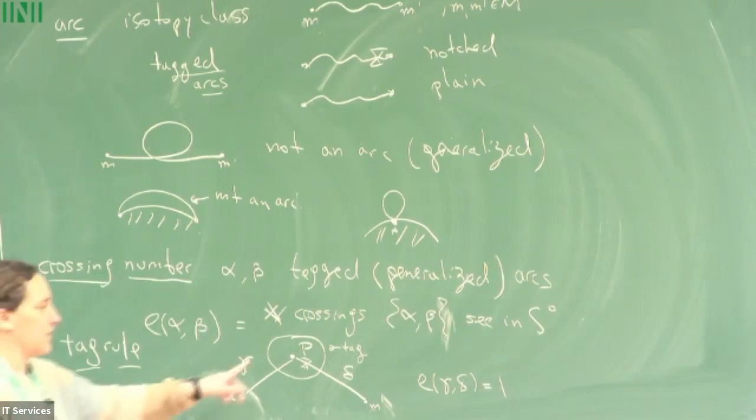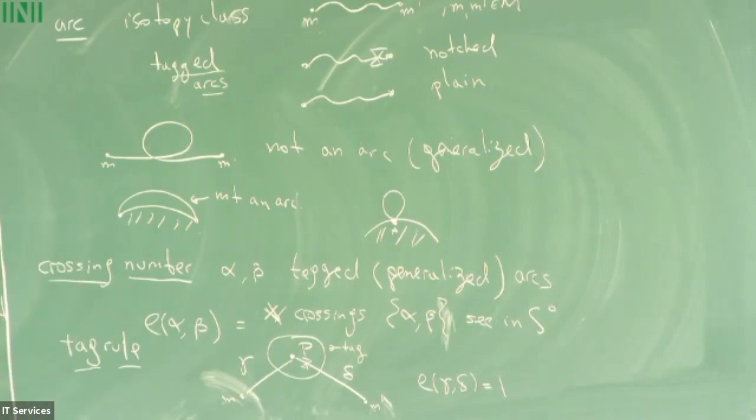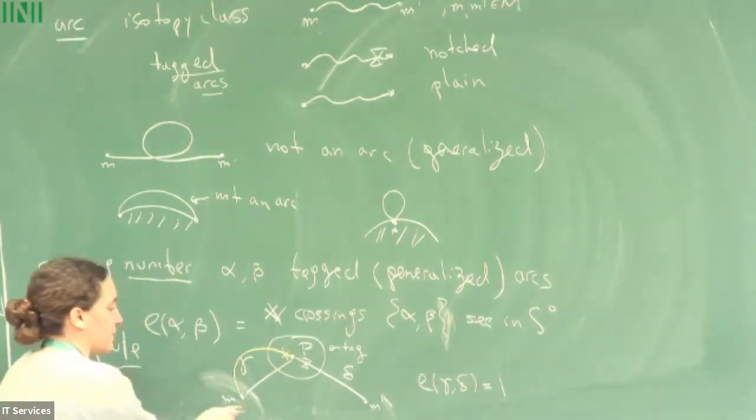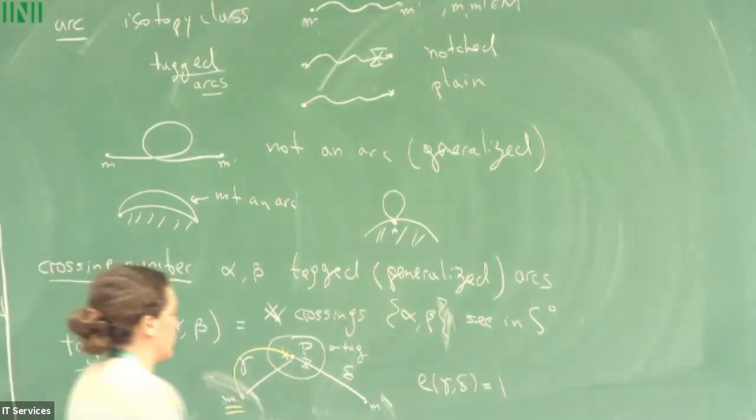It's important that we say at the puncture. And maybe if we have something like this, but they came from the same marked point, well, they don't cross.